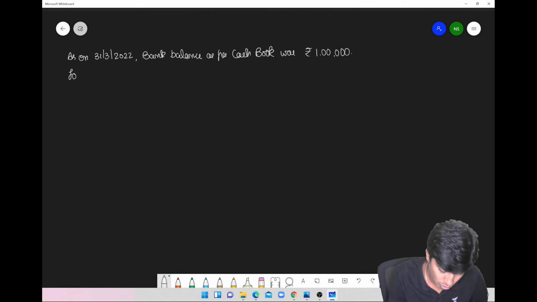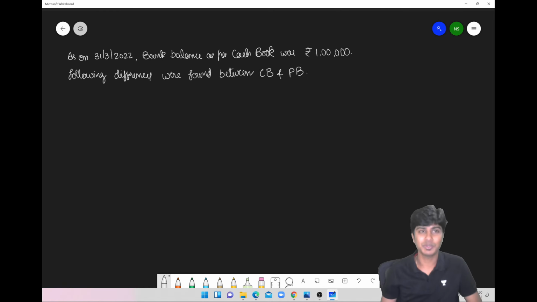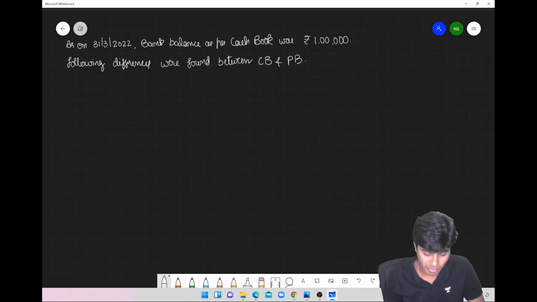The following differences were found between cash book and passbook.